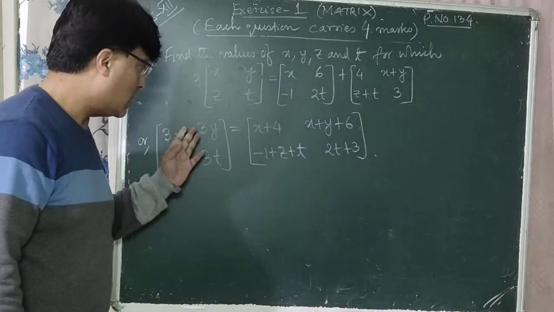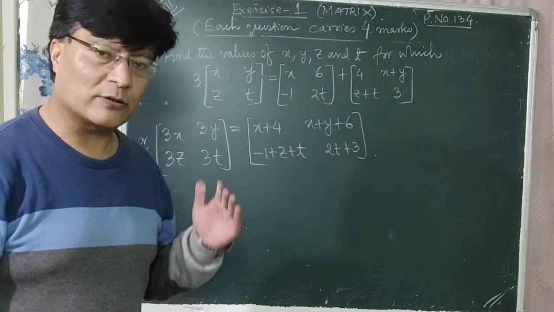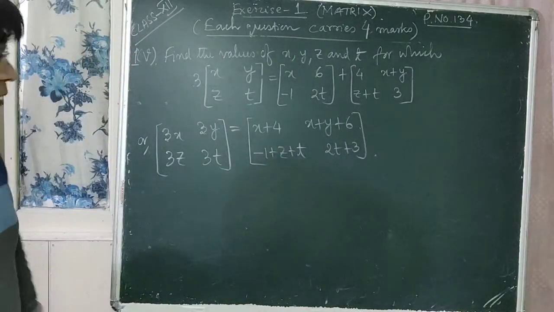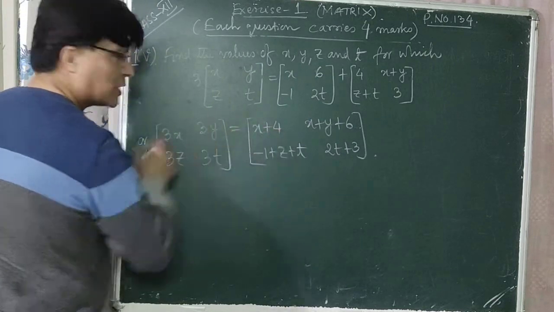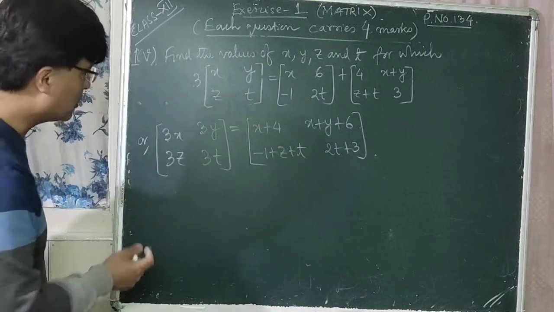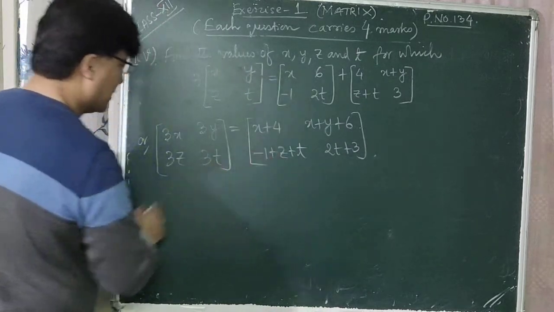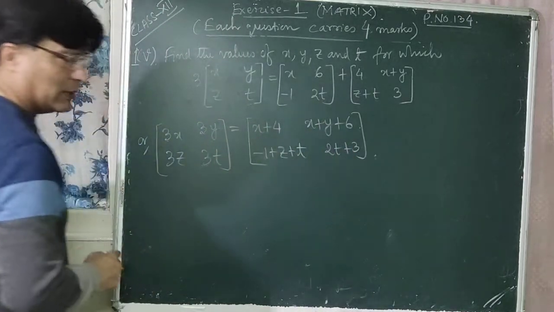Now from the equality of two matrices, you can write down that their corresponding elements are also equal. That means from the first row, first element is equal to first element, second element is equal to second element, and from the second row also, first element is equal to first element and second element is equal to second element.